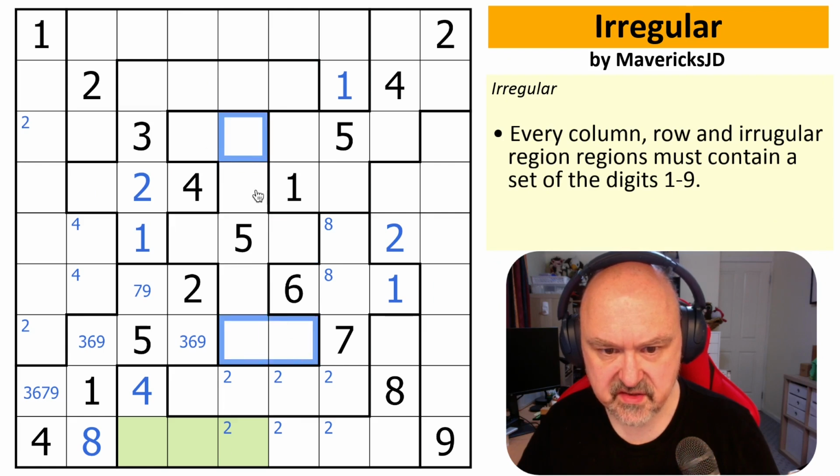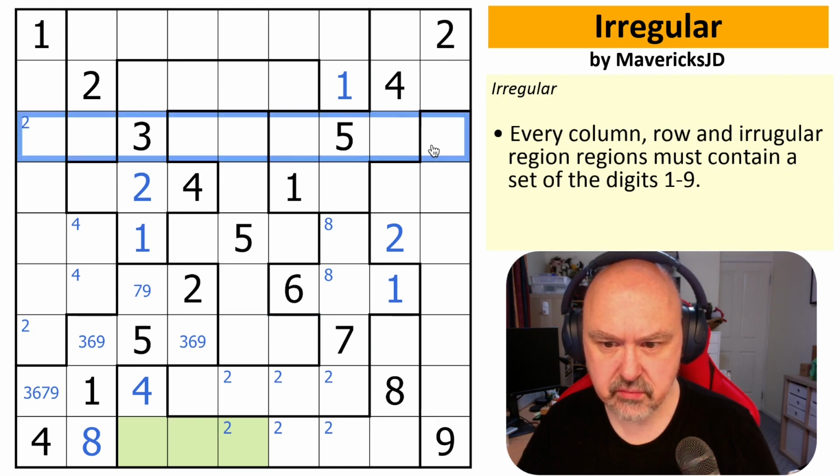Two is now down to those still. But 1s. So 1 needs to go in this row without going there, there, or there.